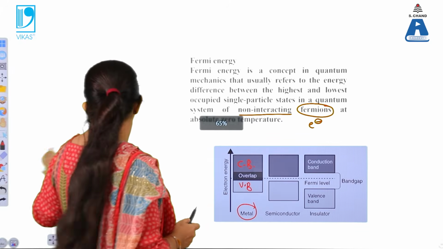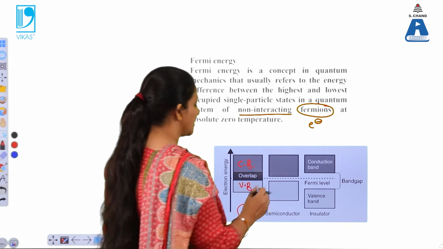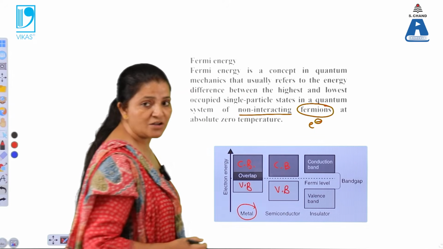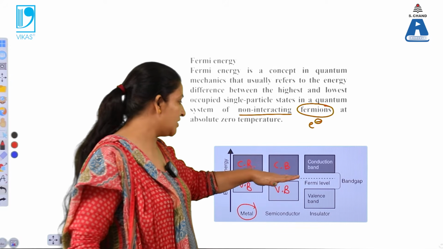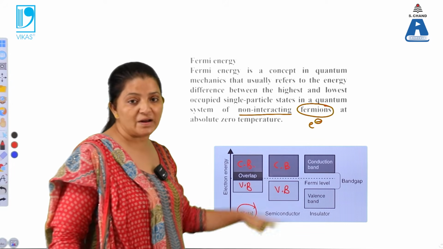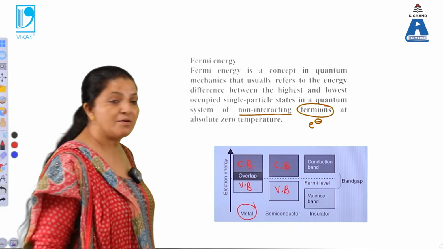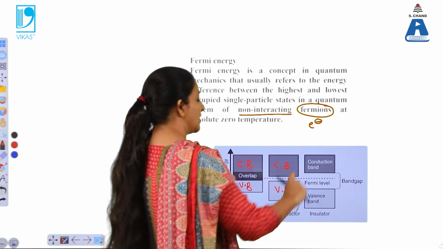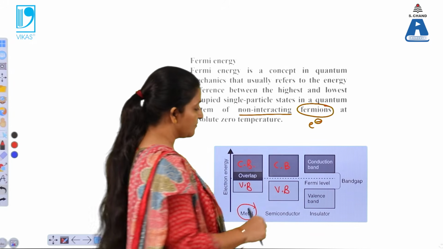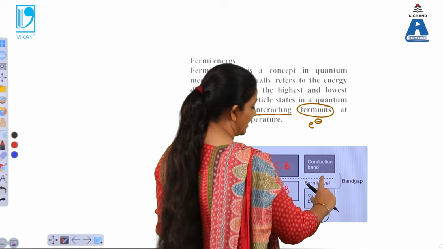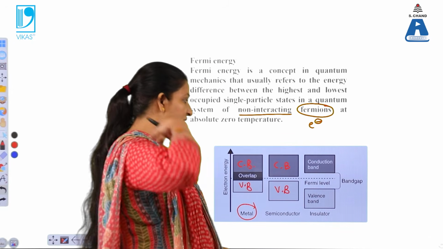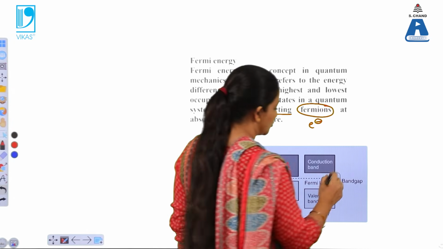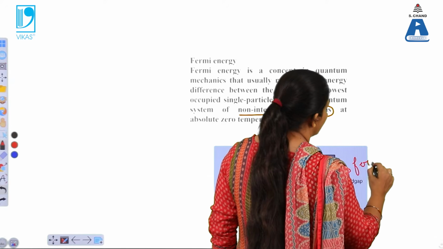In the case of a semiconductor, there is a small difference between the valence band and the conduction band, and the level which lies midway between them is known as the Fermi level, which divides the valence band and the conduction band equally. When the difference between the valence band and the conduction band is very large, such materials are known as insulators, and this gap is also known as the Fermi gap.